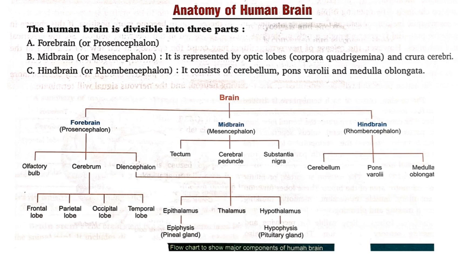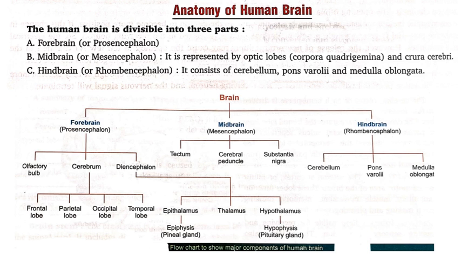The cerebrum is again divided into four lobes: the frontal lobe, the parietal lobe, the occipital lobe and the temporal lobe, and the diencephalon into epithalamus, the thalamus and the hypothalamus. So this is the flow chart which shows the major components of the human brain.